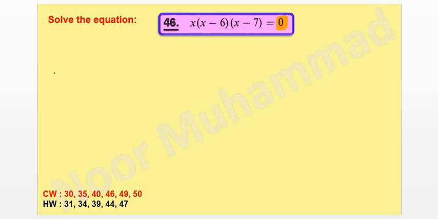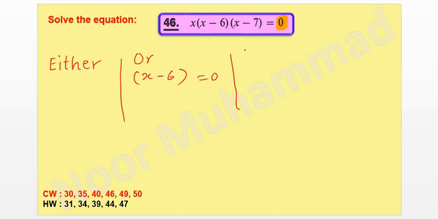So simply I will say either my first factor is 0, or the second factor is 0, that is x minus 6 is 0, or the third factor x minus 7 is 0. Here either the first one is 0, or the second one is 0, or the third one is 0, making all of them equal to 0.